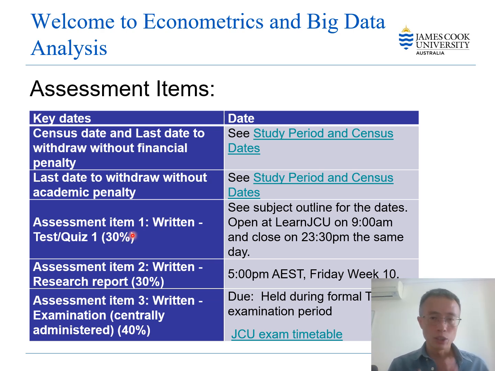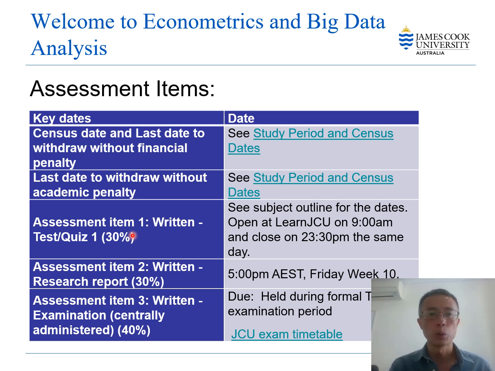You can check the subject outline for the exact date, but it'll be roughly in the middle of the term. It will be done through LearnJCU, open at 9 AM of the date and close at midnight on the same day. It will cover the topics we have covered before that week. It accounts for 30% of your final score. That's the first assessment item.